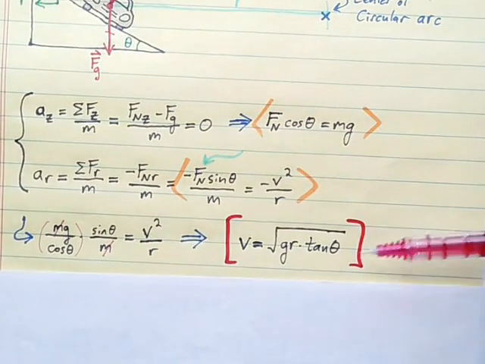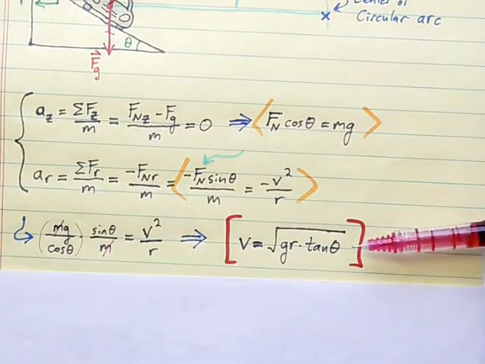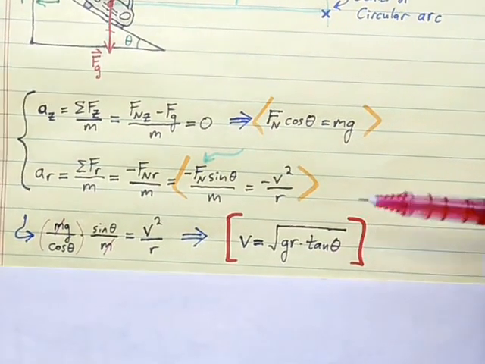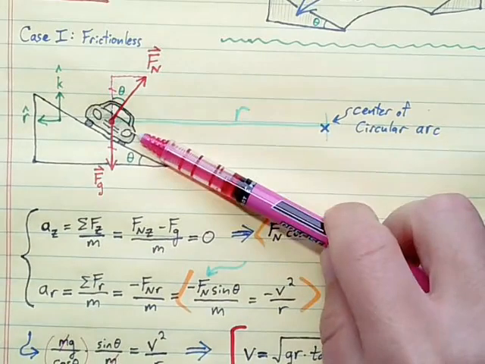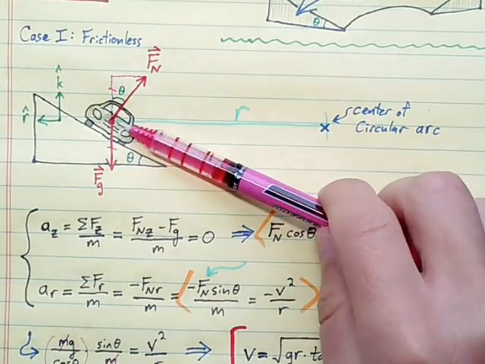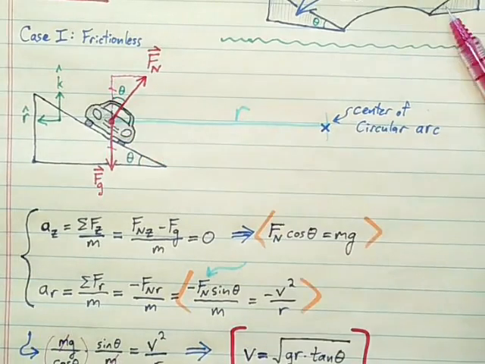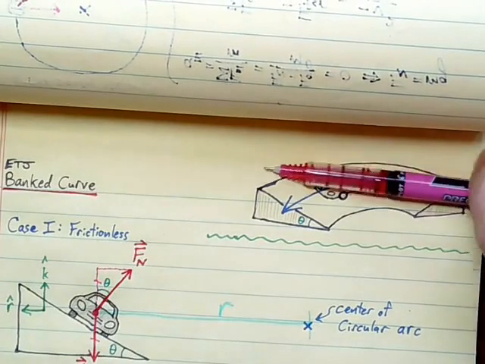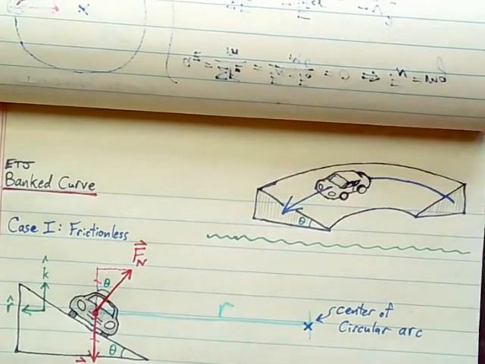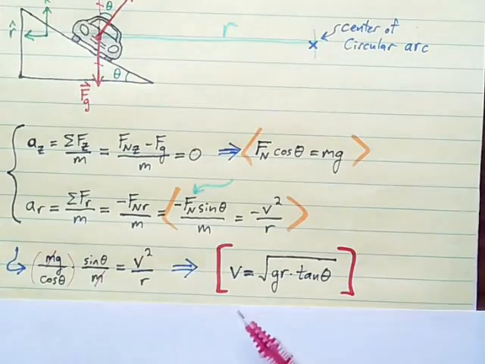The one and only one safe speed at which to take that turn without sliding up or down the ramp. If you're going too fast around that curve, you're going to tend to slide up the ramp, maybe launch off the top edge. If you're going slower than this, that's a problem also.